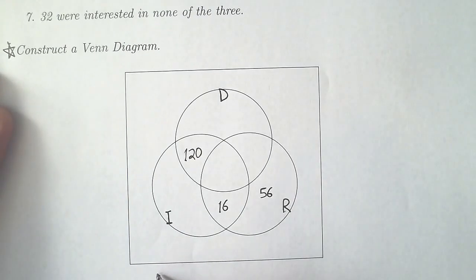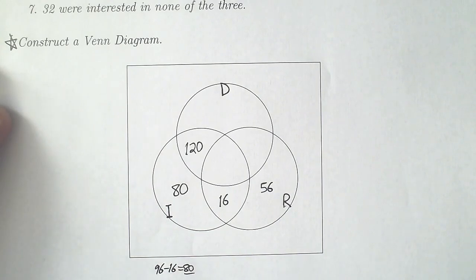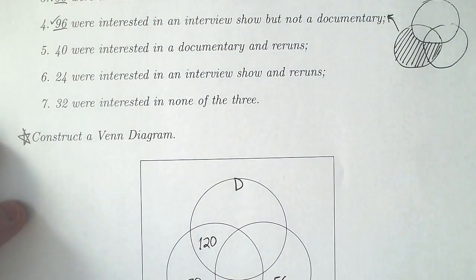So I think what we want is 96 minus 16 is 80. I want to put 80 people in here. That way, this shape has 96 people in it. So I used the 96, but that's how I used it. So I'll go back to my 96 and put a little check mark next to it.